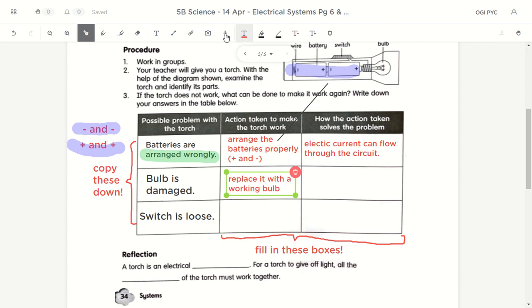So how does this help to solve the problem? Because if you replace it with a working bulb, then it becomes a closed circuit, and electric current can flow through.